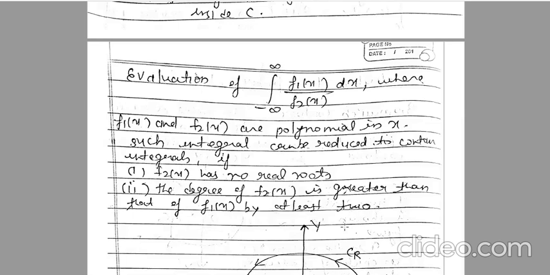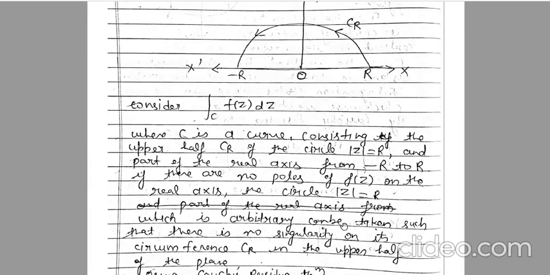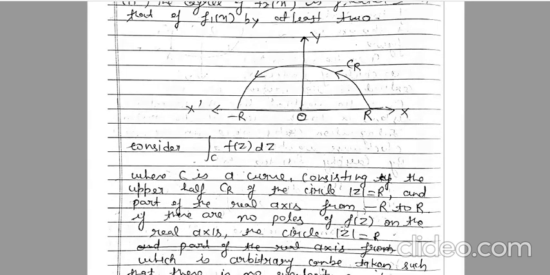Wait a minute, there is a figure here and I will explain by the figure. We have considered the integral over C of f(z) dz, where C is a curve, and this is your curve. We will take the semicircle, the upper half circle.